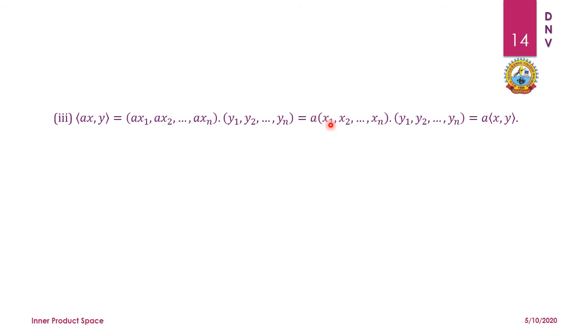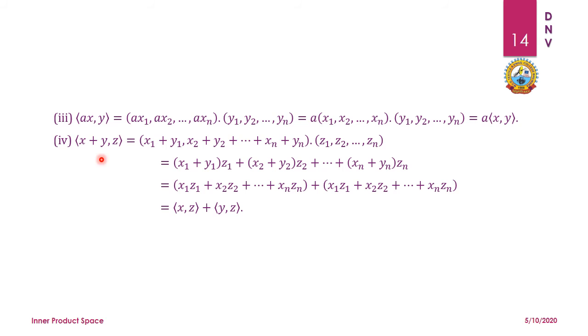You cannot do that because it represents a column in the matrix, and if we take a particular real number common out of it, it will come out from all the components. So this dot product can be represented as a times the inner product of x and y. Fourth property is the linearity property x plus y comma z equal to this expression, where we have written the sum of vectors in the form of the sum of corresponding components.